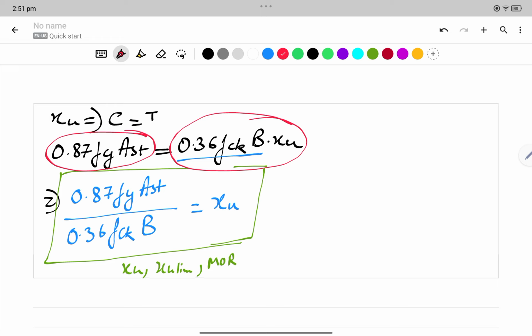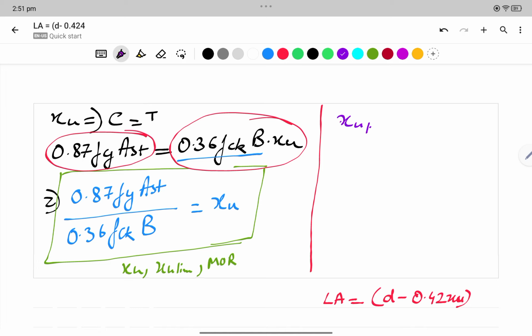For moment of resistance calculation, we just multiply it with the lever arm. The lever arm is D minus 0.42 XU. Okay, we have done everything. We can write the formulas here also.